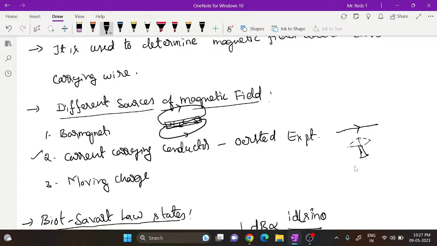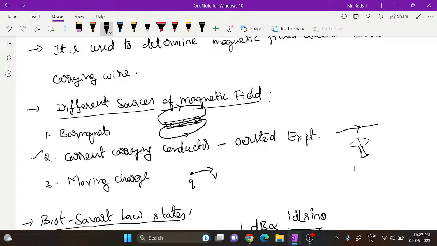And another source of magnetic field is a moving charge. If you have a particle of charge q which is at rest, it produces only electric field. But when it is projected with some velocity, we call it a moving charge, and in addition to electric field, it also produces magnetic field.